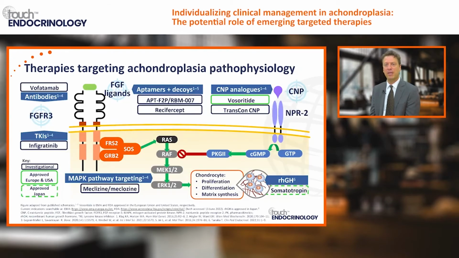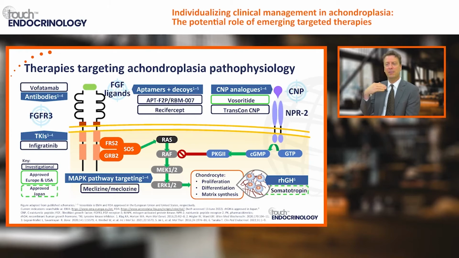So there are a number of medications that are currently either in development or recently approved for targeting the achondroplasia pathophysiology. As we know, the main source of the aberrant signaling is the activation at the FGFR3 receptor. And there have been a number of different approaches to try and improve that signaling. One approach is to bind the various FGFs, the growth factors that bind to that receptor, by using a decoy receptor that could suck it up.